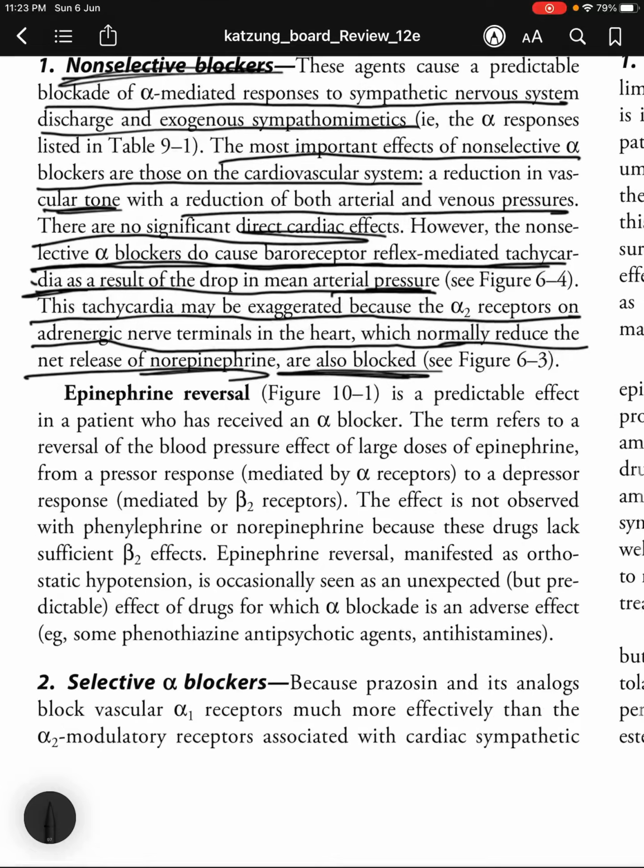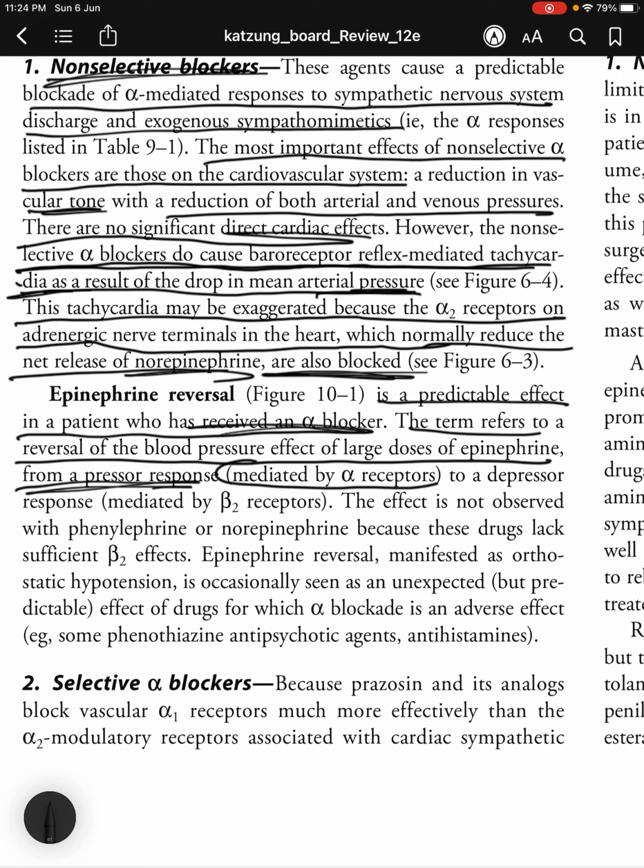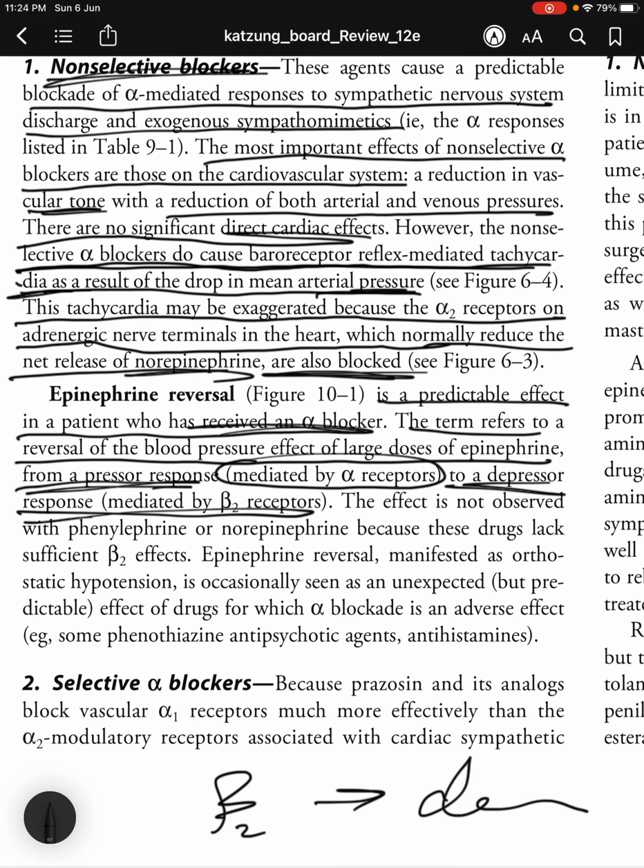Coming to epinephrine reversal, it is a predictable effect in a patient who has received an alpha blocker. The term refers to a reversal of the blood pressure effect of large doses of epinephrine from a pressor response mediated by alpha receptors, because you're blocking those alpha receptors, to a depressor response mediated by beta receptors. Beta 2 receptors mediate depressor responses.